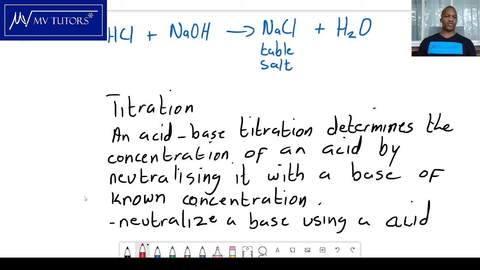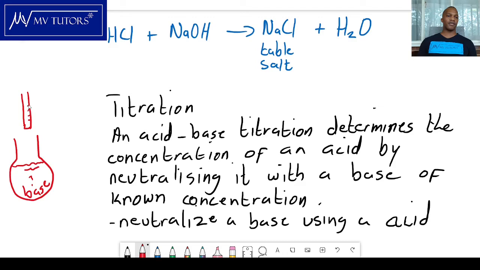Okay, let me just draw it out for you. So say we have a container like that, and it's filled with, let's say, a base. There's a base in here, so you will titrate it with an acid.